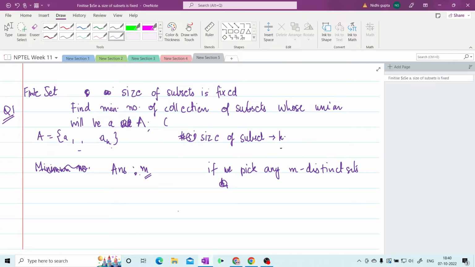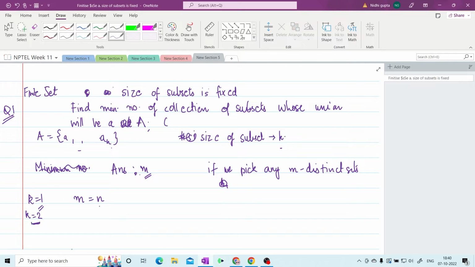If k was 1, then your m is trivial, it should be n, right? Yes, ma'am. Now if your k is 2, maybe we can use the pigeonhole principle. I have also used it, ma'am.